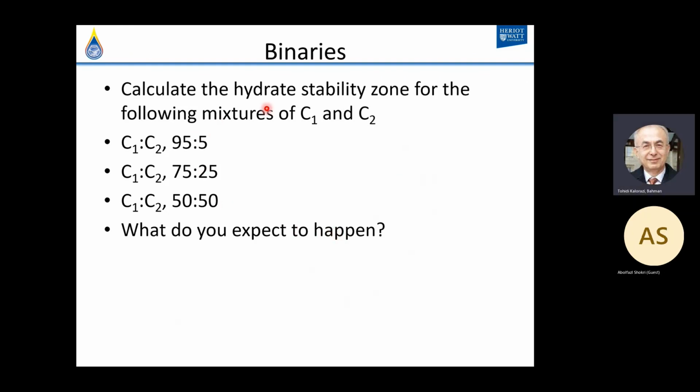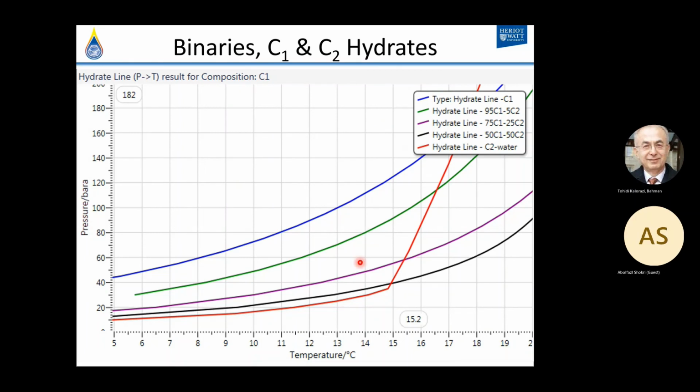Now instead of C1 and nitrogen, we have C1 and C2. Let's see what happened. This is 100% C2. This is 100% methane.